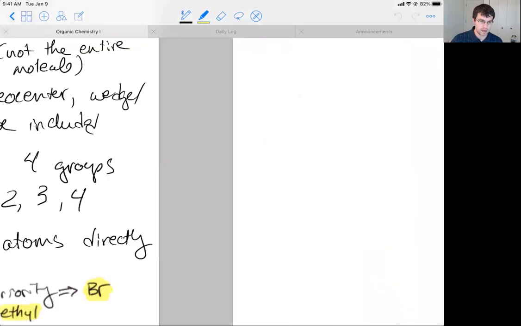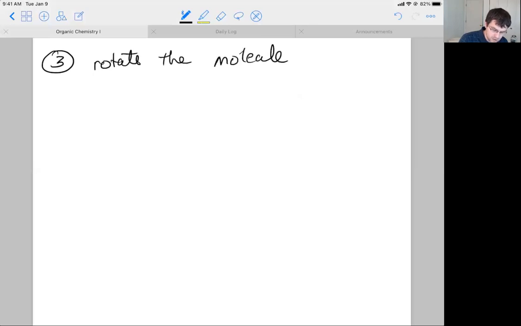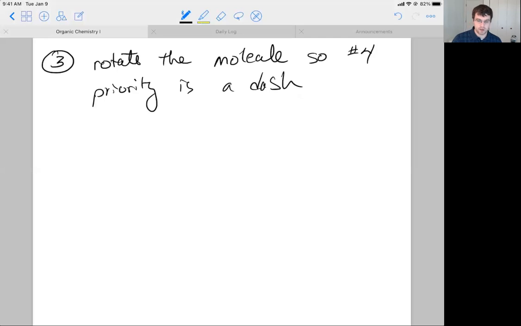Okay, now in step 3, and this isn't going to be too meaningful at this point, but in step 3, we want to rotate the molecule so that the number 4 priority is a dash.